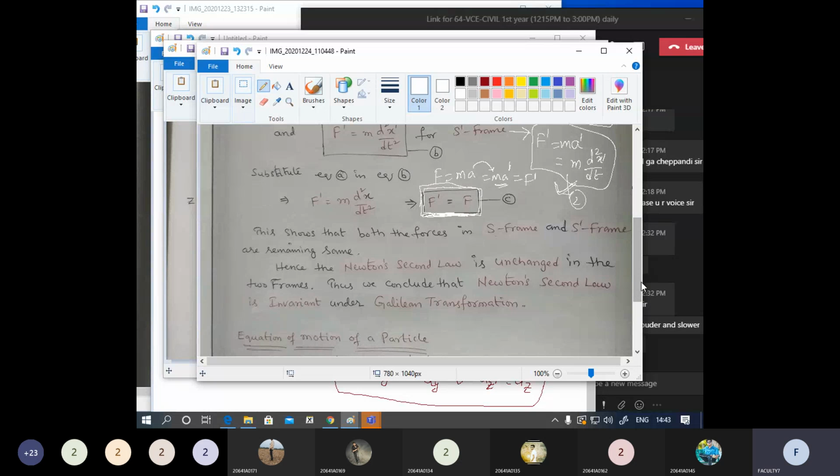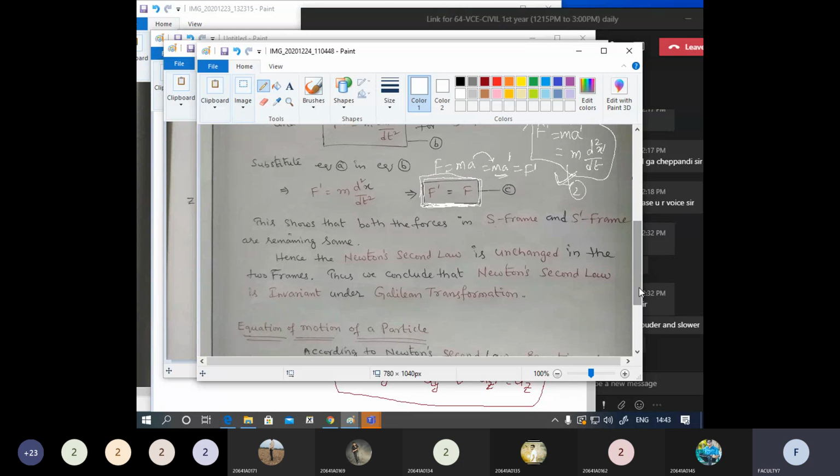Now the second frame is moving with a constant velocity with respect to the first frame. Here we concluded that the force experienced by the particle is the same. The force is given by Newton's second law.